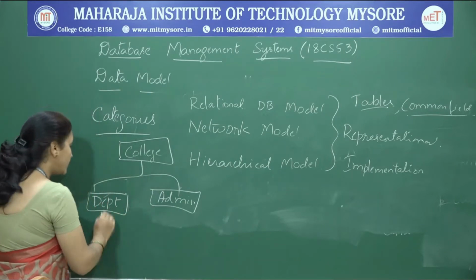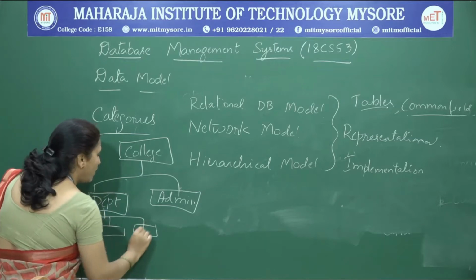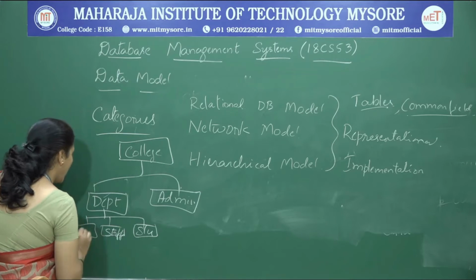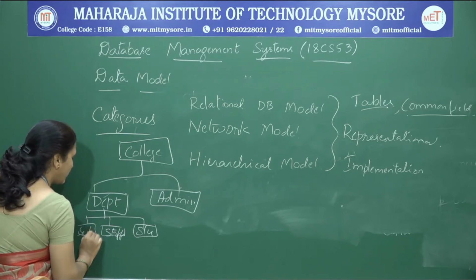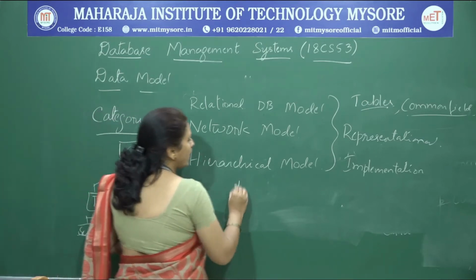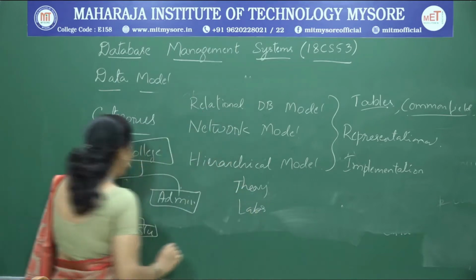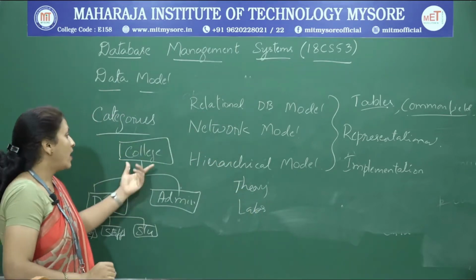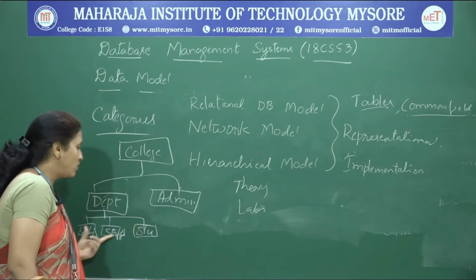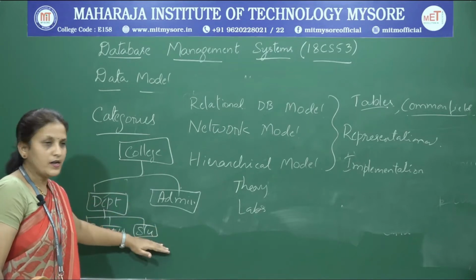Then inside the department we have some more, like student details, staff details, and subject details. Once again, under subject we will have two things, that is either theory or labs. So, this forms a tree-like structure. It will have one common root node, and then we have subsequent child nodes under this particular root node. So, this forms the hierarchical data model.